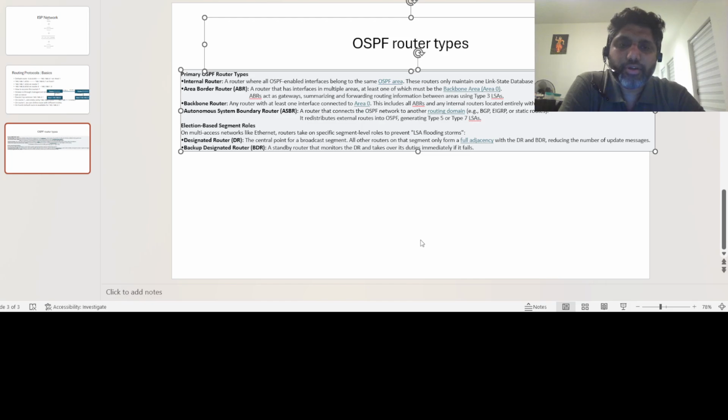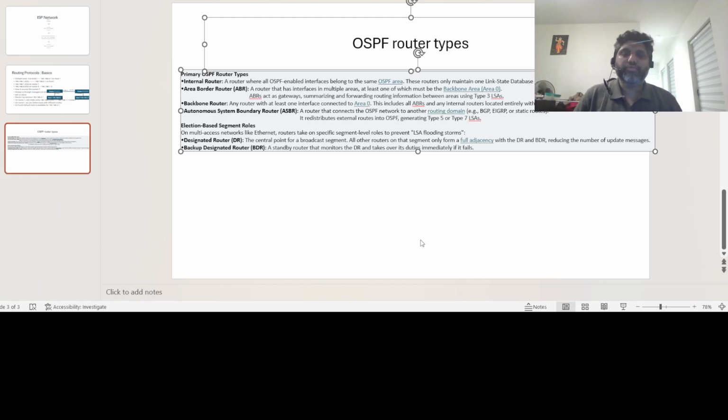So as part of this vlog, I would like to discuss the OSPF router types, right? As you see on the slide on my left side, it explains different OSPF router types, right? OSPF is used to route the packets or build a routing database across the network, right?